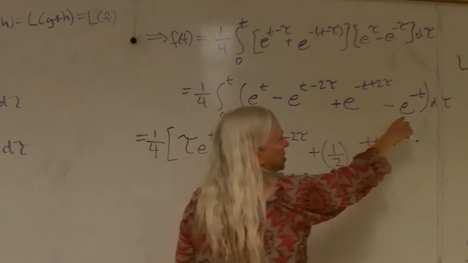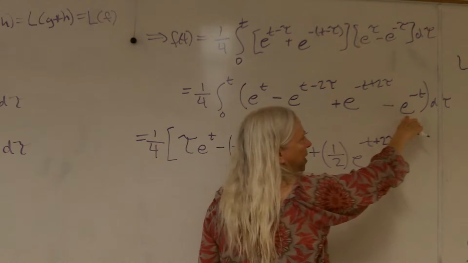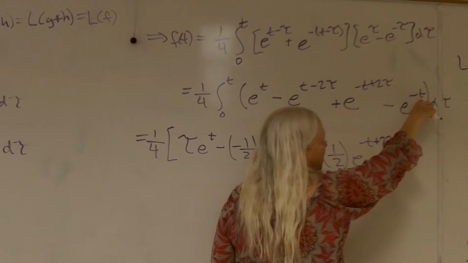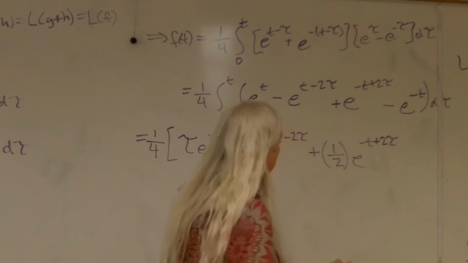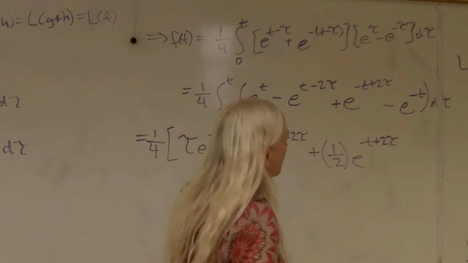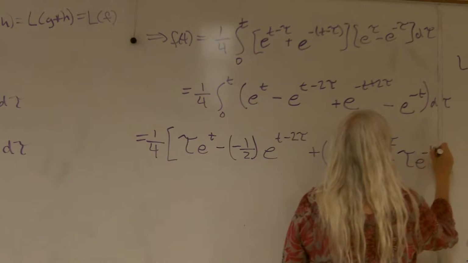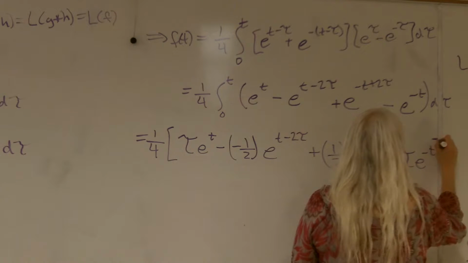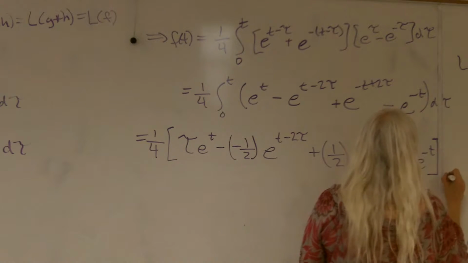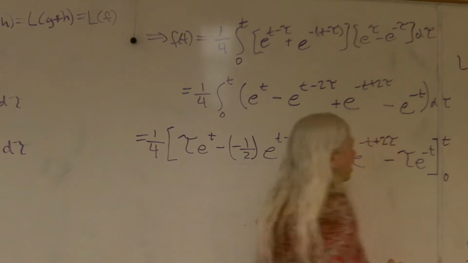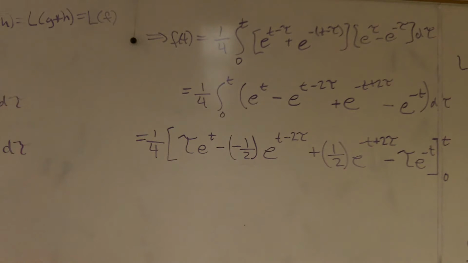And then this term doesn't depend on tau, it only depends on t, but t is a constant as far as we're concerned. So similarly to the first term, we're going to get a minus tau e to the minus t. Okay, and all this has to be evaluated at the limits of integration from 0 to t.